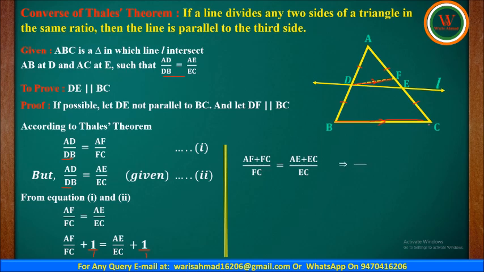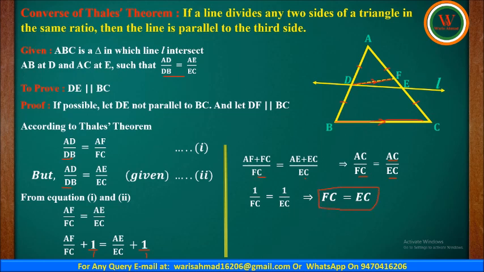So after solving this, we can write AC in the numerator, AC upon FC, and AE plus EC is equal to AC, and EC will be as it is. Now AC and AC both will be cancelled. So we have 1 upon FC is equal to 1 upon EC. After doing the cross multiplication, we have FC is equal to EC. Now we got FC is equal to EC.